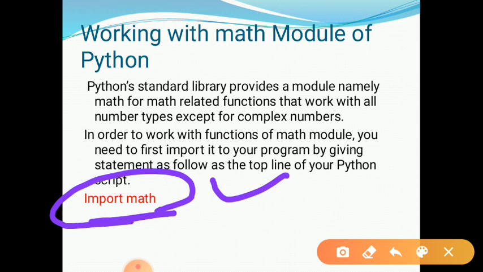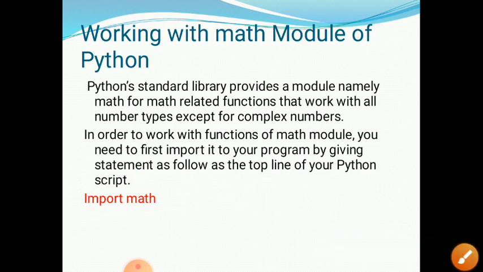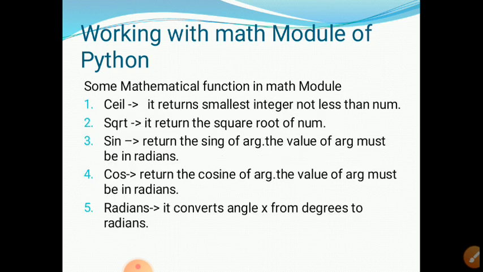In order to work with the functions of the math module, you need to first import it in your program. After importing this math library, you are able to access its different functions in your program.